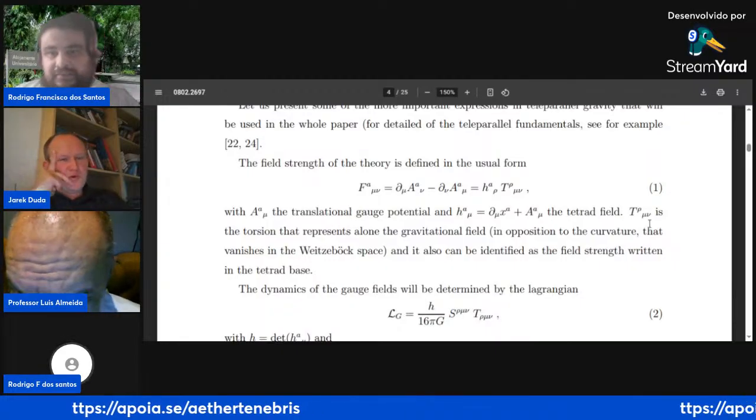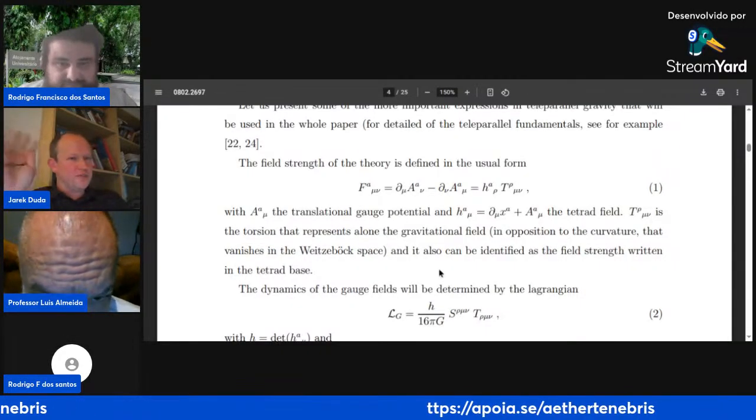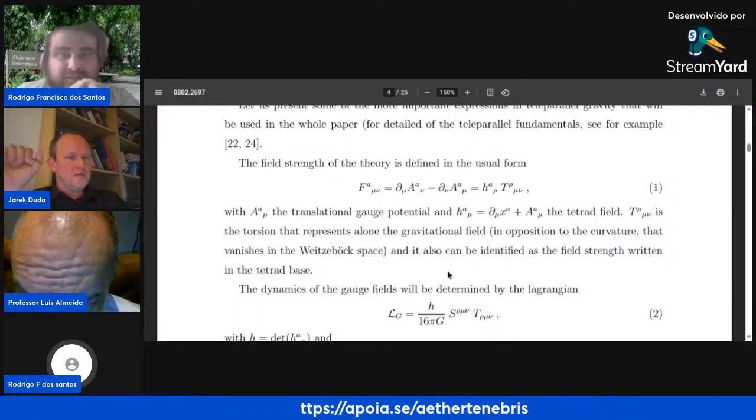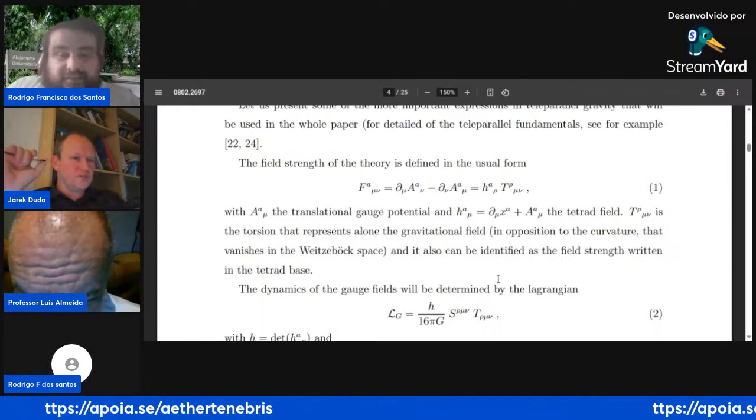So in my view, A is connection approximately, and curvature is F.